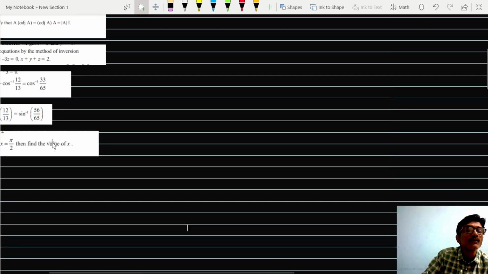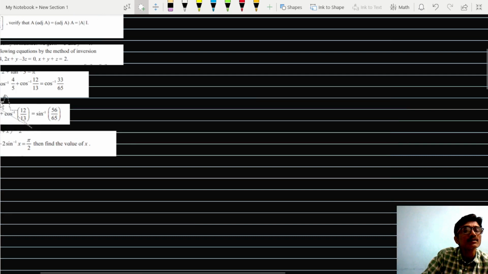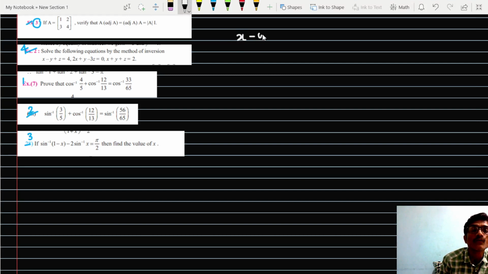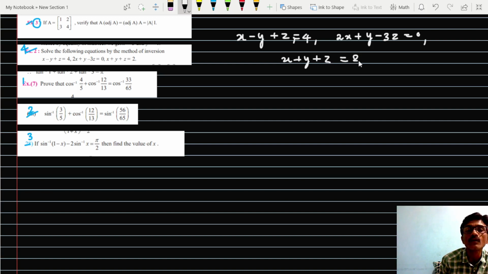What are the equations? x minus y plus z is equal to 4. The second equation is 2x plus y minus 3z is 0. And the third equation is x plus y plus z is equal to 2.